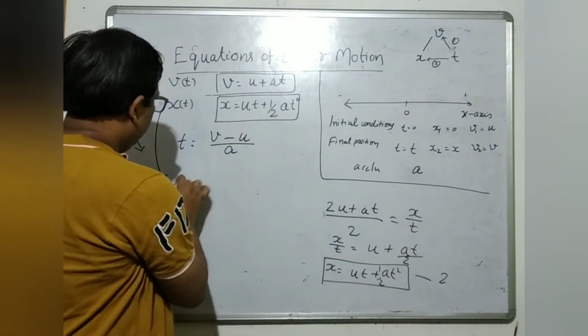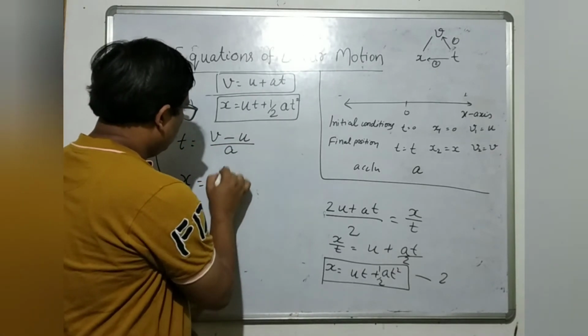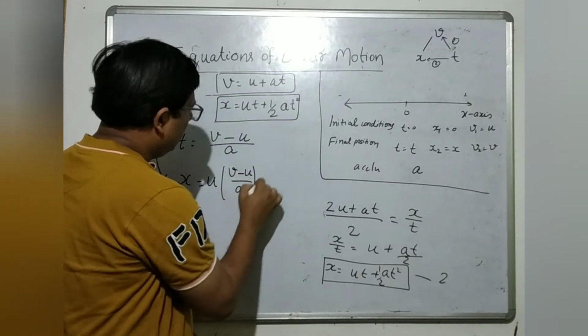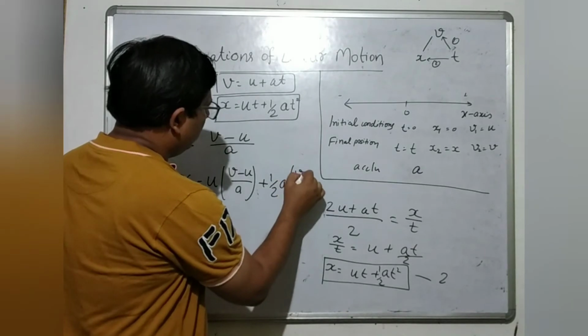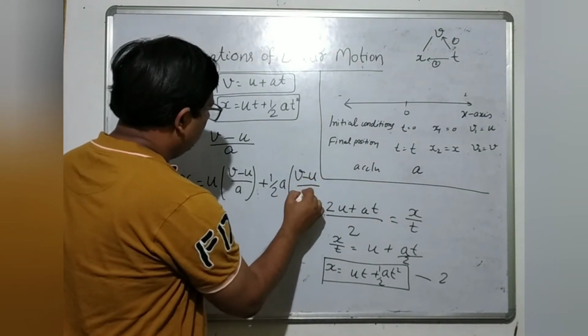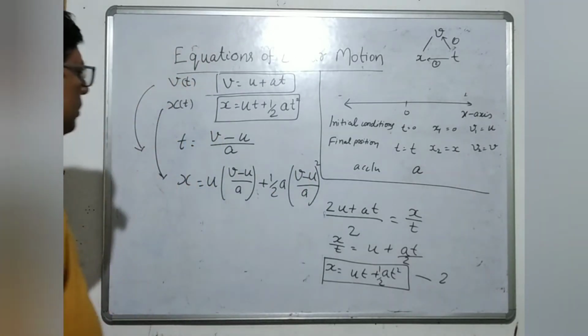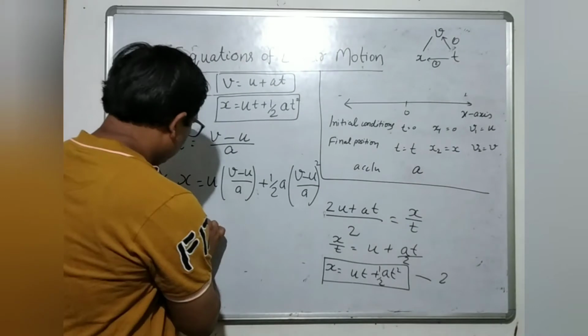So here we will get x is equal to u times (v minus u) upon a plus half a times ((v minus u) upon a) whole square. So when you solve this, what will you get?